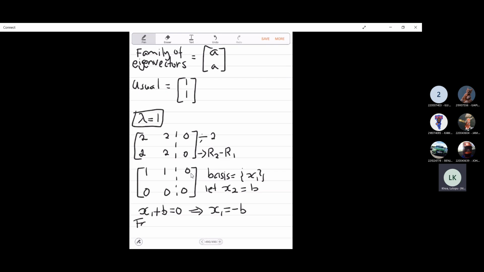So the family will be minus b and b, and then the usual, this is -1 and 1. And you can always check and see that these two are linearly independent.